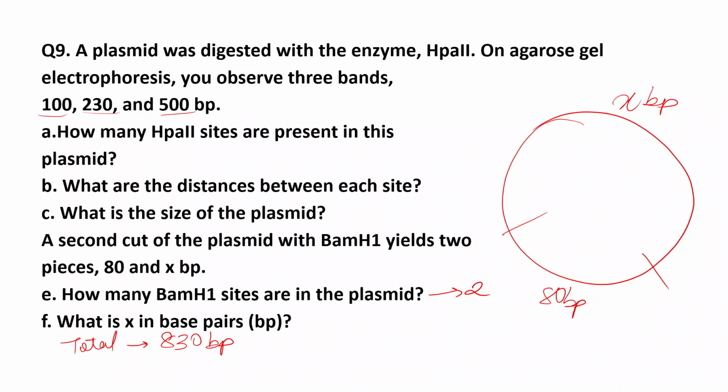So 80 plus X will be 830. So X will be 830 minus 80 base pair. So 830 minus 80 is 750 base pair.